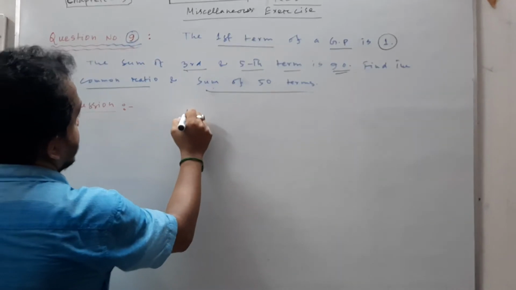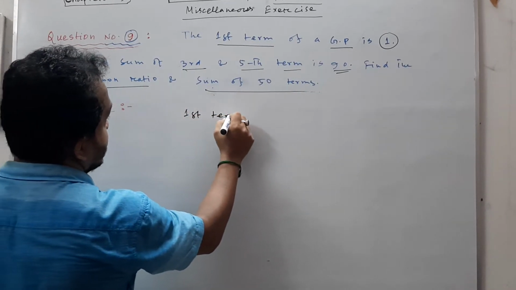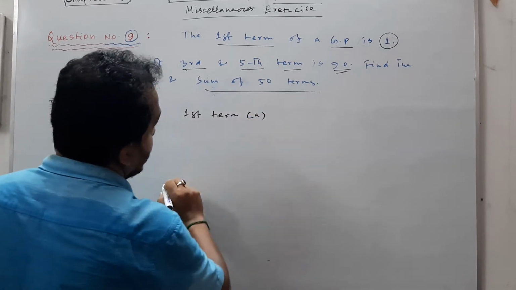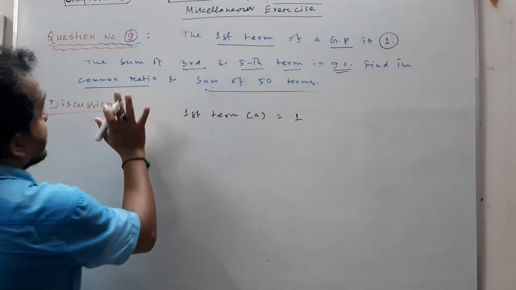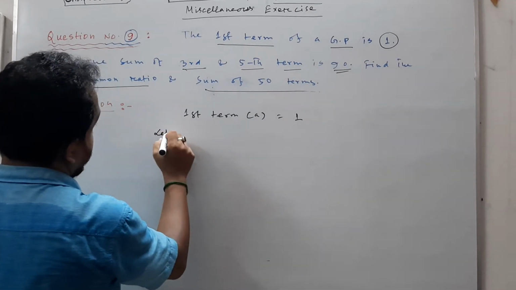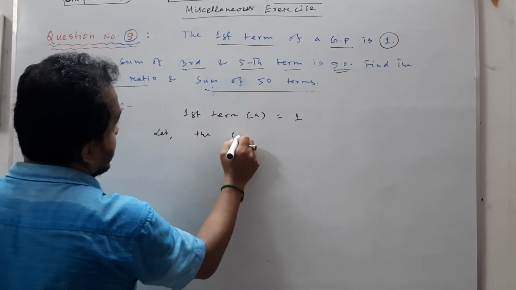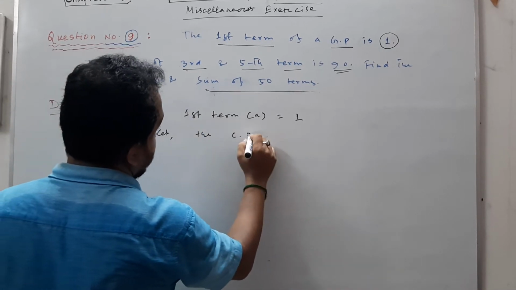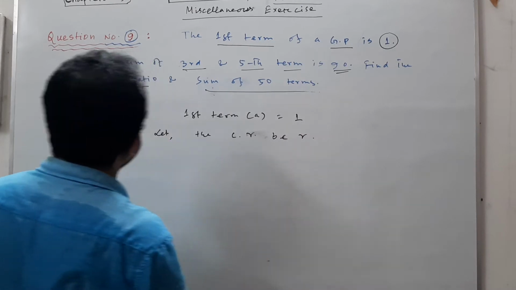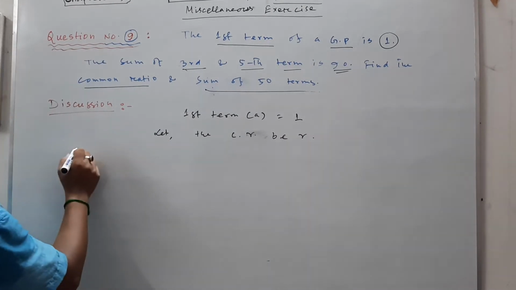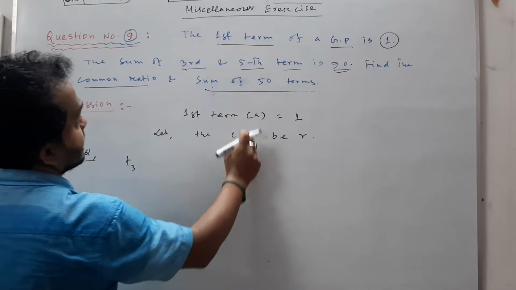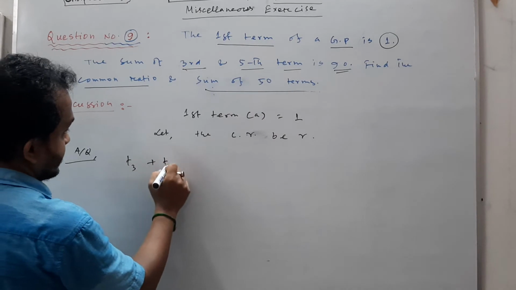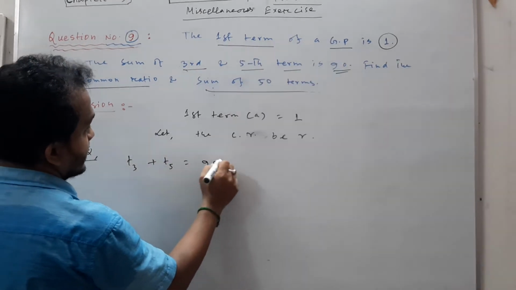Since the first term A is equal to 1, it is given, and the common ratio is not given, let the common ratio be R. According to the question, the third term T3 plus T5 is equal to 90.